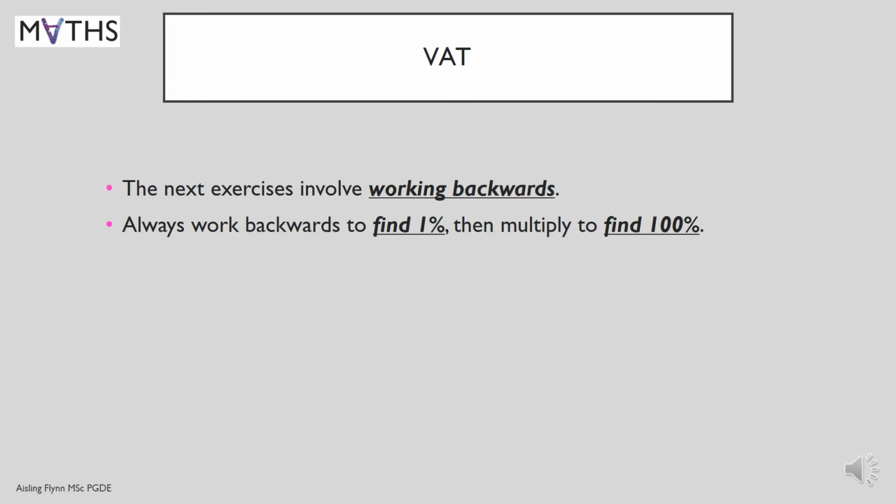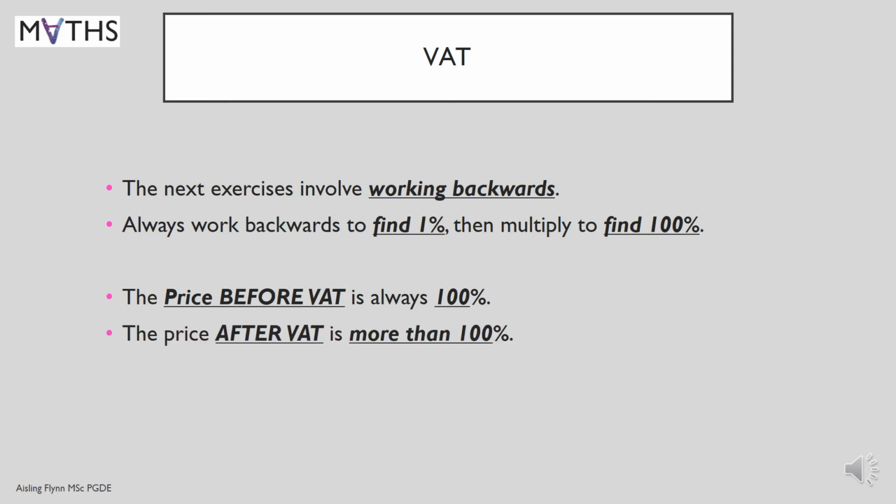So it's much like finding the cost price in your profit and loss exercises. The price before VAT is always considered to be 100%. So remember that, because all calculations are based on that amount. So the price before VAT is 100%, which means the price after VAT is more than 100%. Keep that in mind.